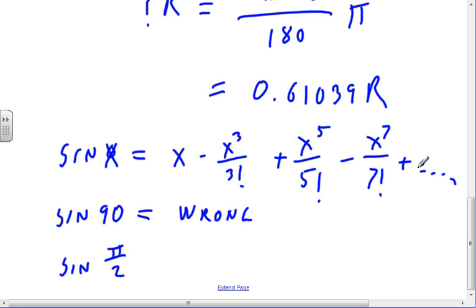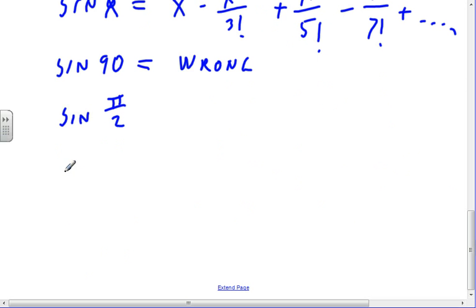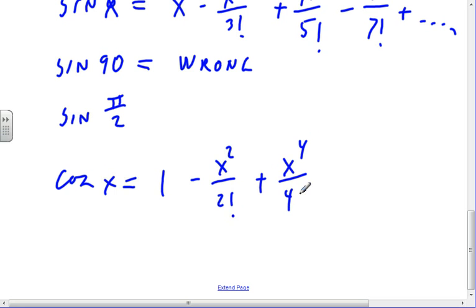That's what it does. So there's no lookup table in my calculator to look it up. I calculate the sine, I calculate the cosine. I have another formula that will calculate cosine: cosine x is 1 minus x squared over 2 factorial plus x to the 4th over 4 factorial minus x to the 6th over 6 factorial plus blah blah blah blah.